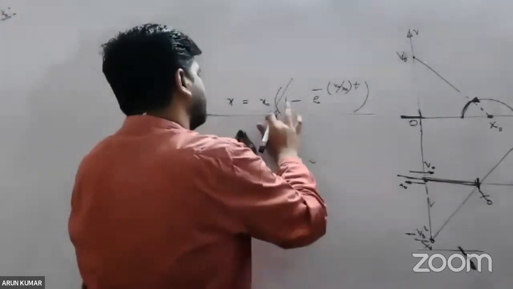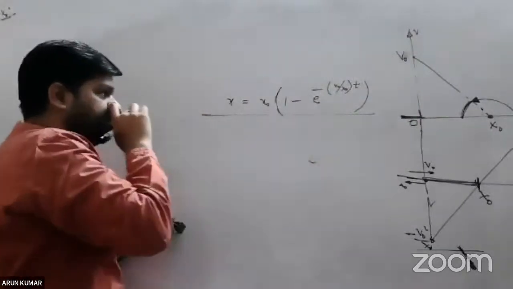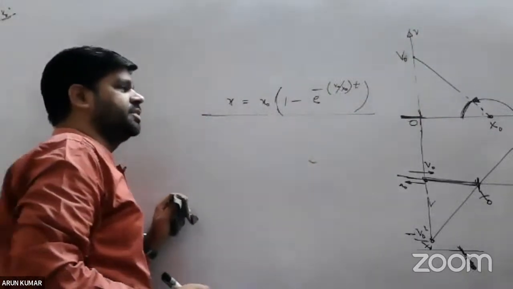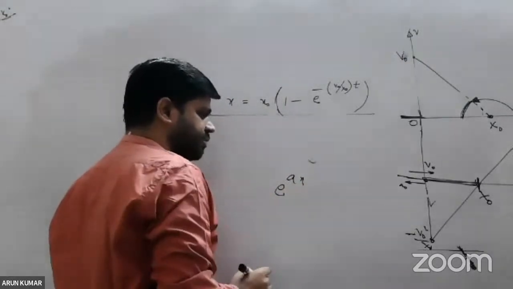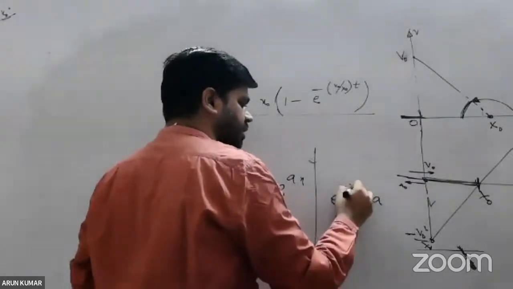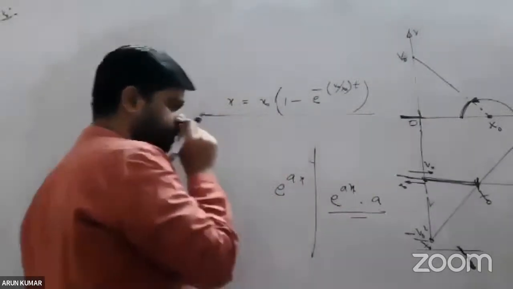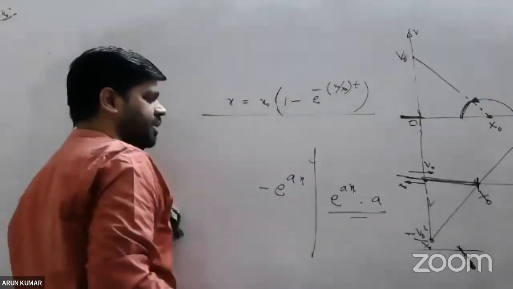It's a good exercise. Differentiate and tell me. Alright, basic math: the derivative of e power ax with respect to x. What is it? Chain rule: e power ax into a.